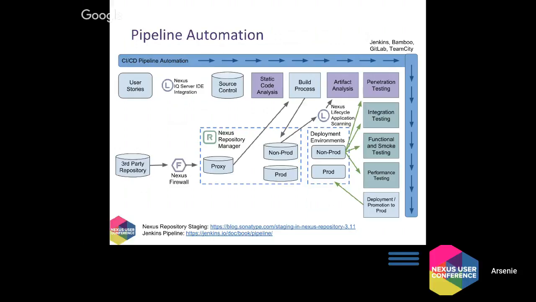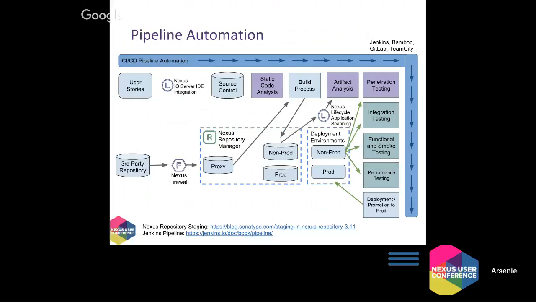But most of the other stages in your CI/CD pipeline are going to be pretty similar from application to application, as long as you're using the same technology stack, and even in a lot of cases going from Java to Python, the tools that you're going to be using for static code analysis and artifact analysis are going to be very similar.